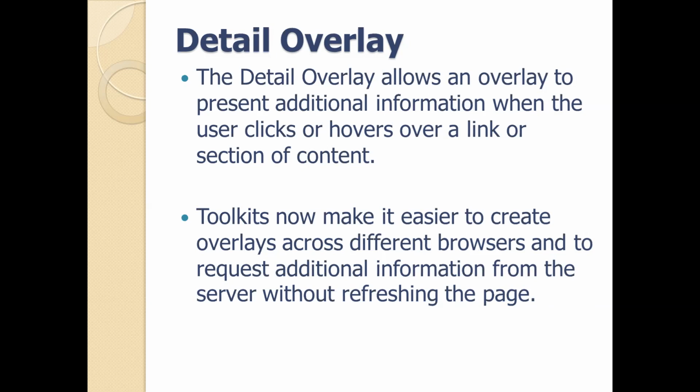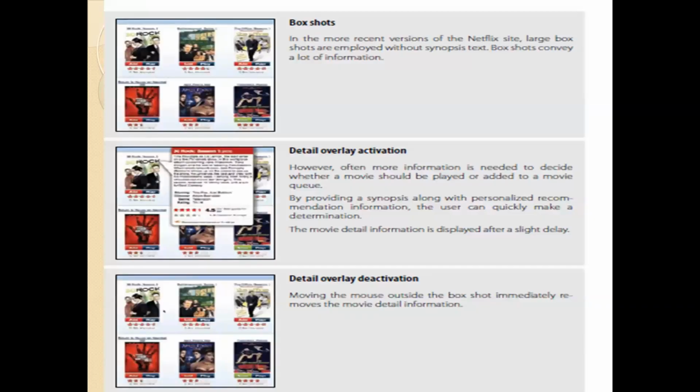This is the example which I told you. There are a few images of movies. When you move the mouse over a movie, you can see the review, maybe the director, the movie name, and the rating; everything is presented.